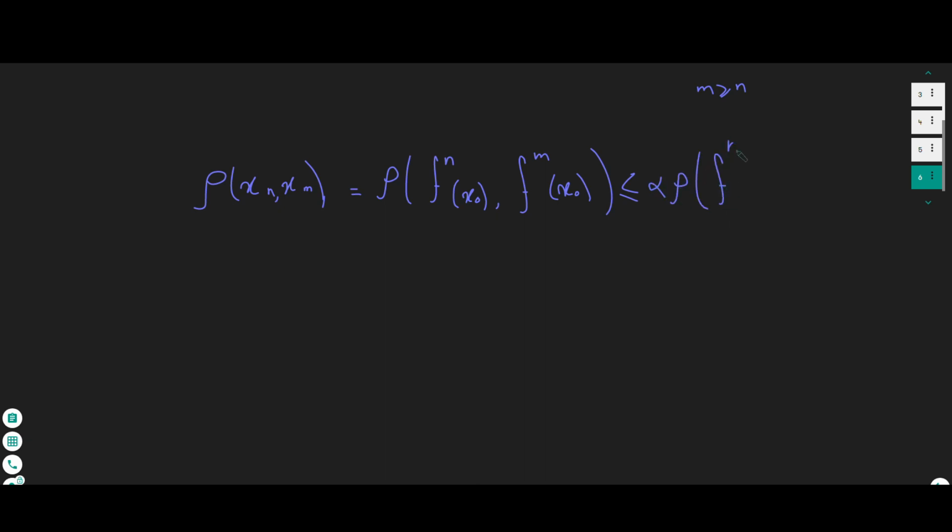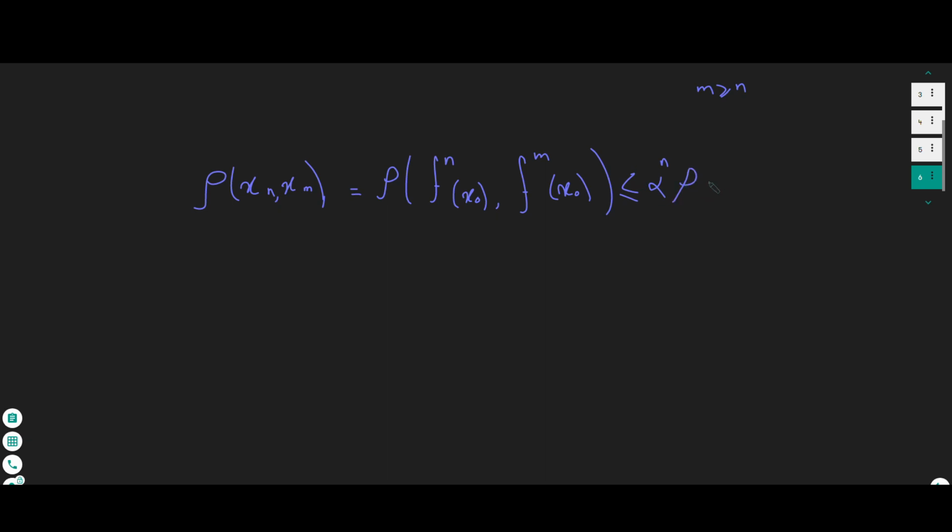Rho of f to the n minus 1 x sub 0, f to the n minus 1 x sub 0. This is not going to help much though. What I want to do, I want to apply this n many times. This will still hold, of course, the inequality.